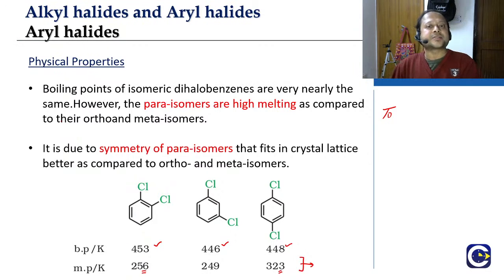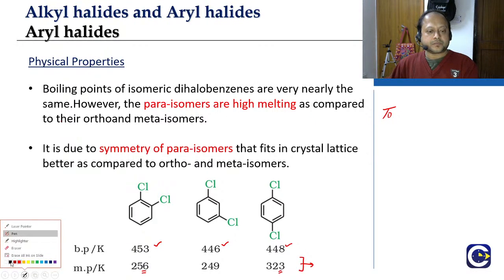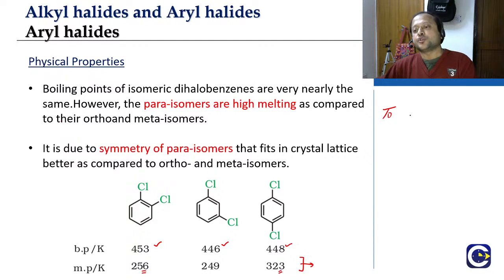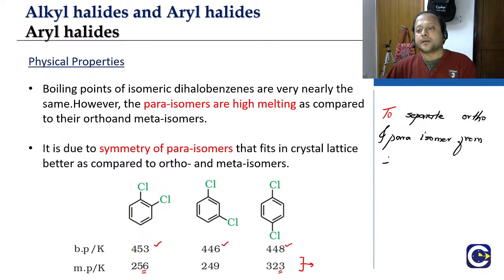Since the difference in melting point is quite large, by solidifying them we can segregate them, right? They are used to separate para isomer from their mixture, right?